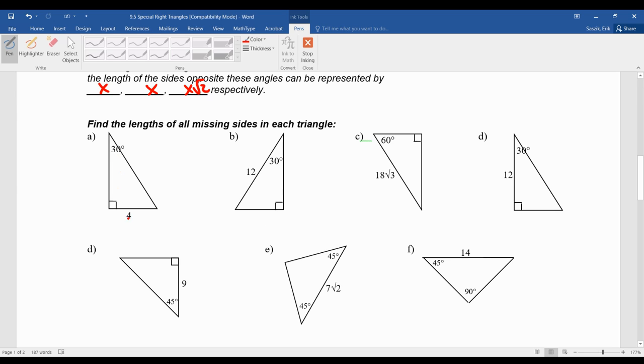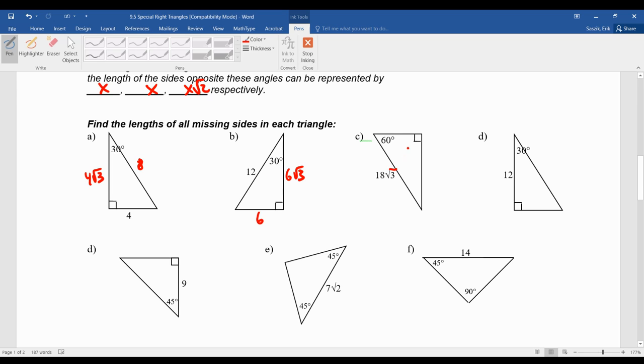So this is the short leg because it's across from the 30. It says find the lengths of the missing sides. So the hypotenuse must be twice that. So that's 8. And the long leg has to be the short leg times √3. Here you're given the hypotenuse, so the short leg has to be half. There's the long leg.